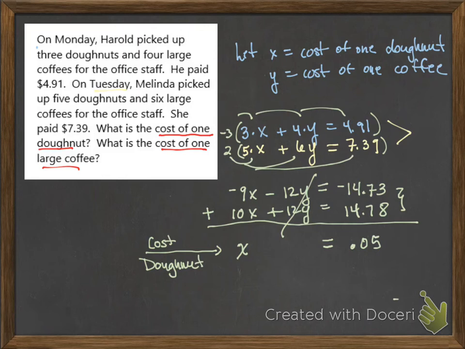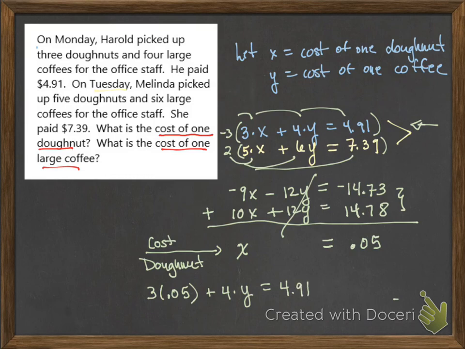Now we need to go back into either one of these equations. I'll go into the first one to solve for y. So 3 times the cost of a donut, which we just found to be 5 cents, plus 4 times the cost of coffee, which is what I'm looking for, is equal to $4.91.